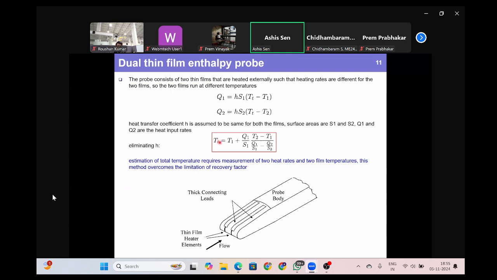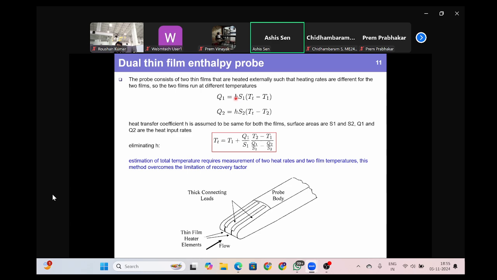The stagnation temperature is a consequence of not only the thermal energy that is contained in the flow, but also at what rate the fluid is flowing. So that is where the heat transfer coefficient is coming.